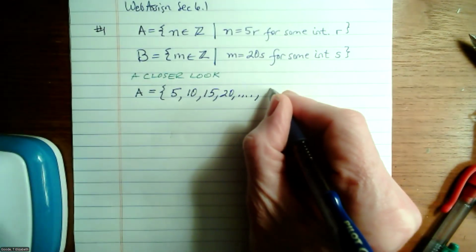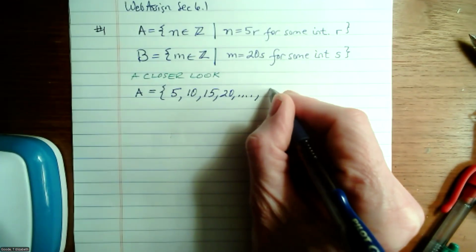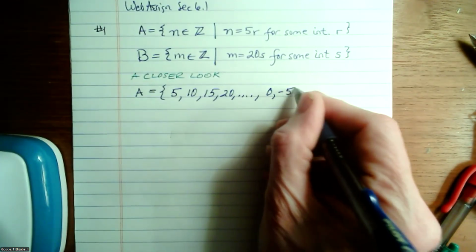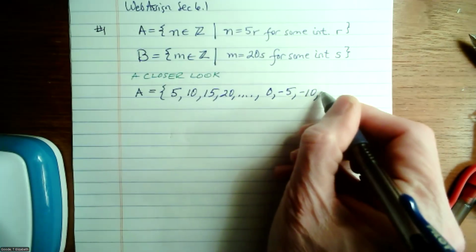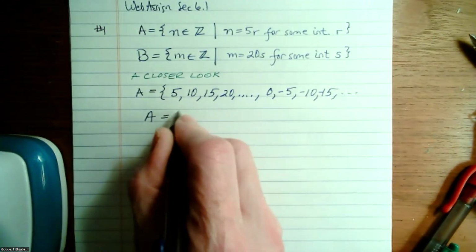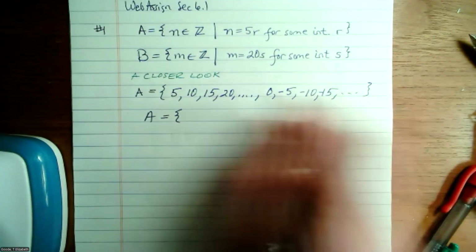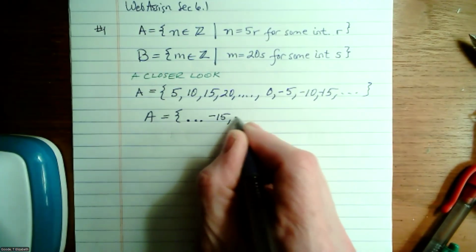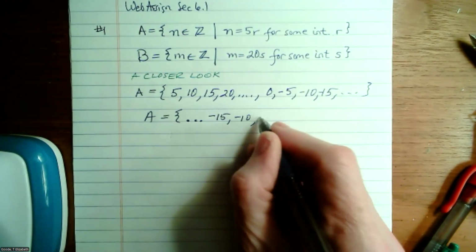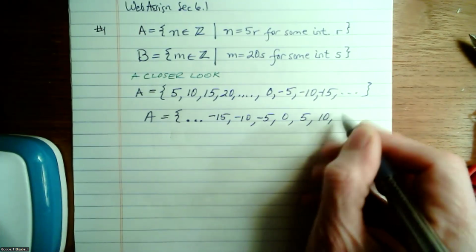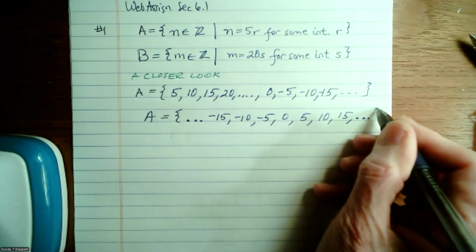So when r is 0, what is n? n is 0, and then we'd have -5, -10, -15, -20, etc. If we wanted to organize these thoughts, it'd be -15, -10, -5, 0. These are all multiples of 5, right?